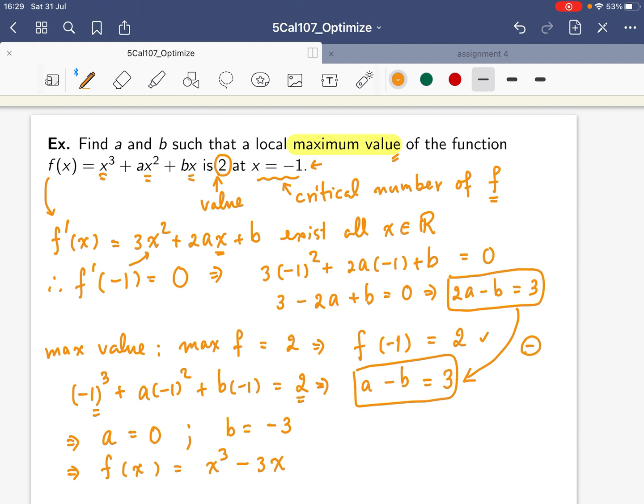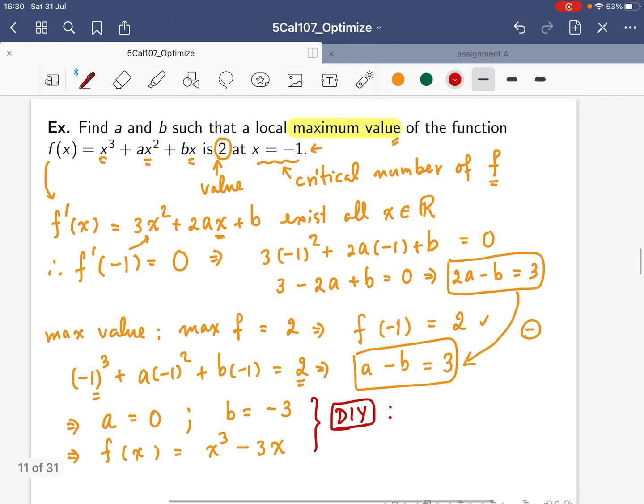So you may need to consider this function by yourself a little bit again. If this is your function, whether it has a local minimum or not?